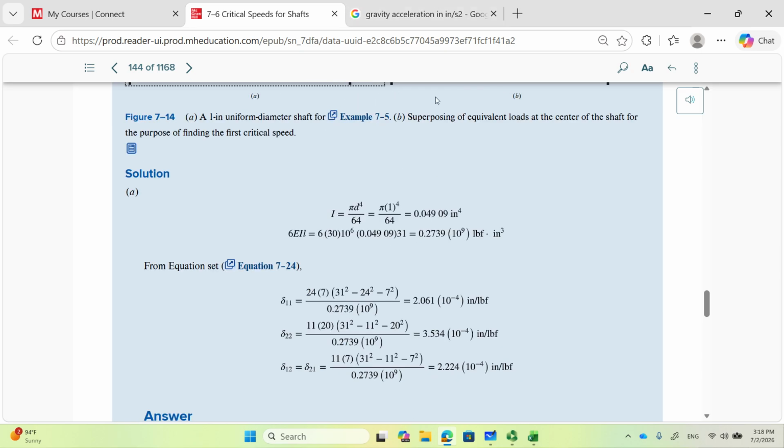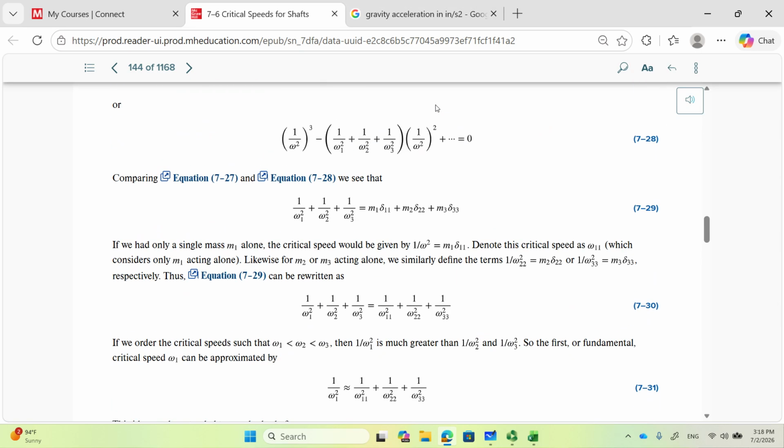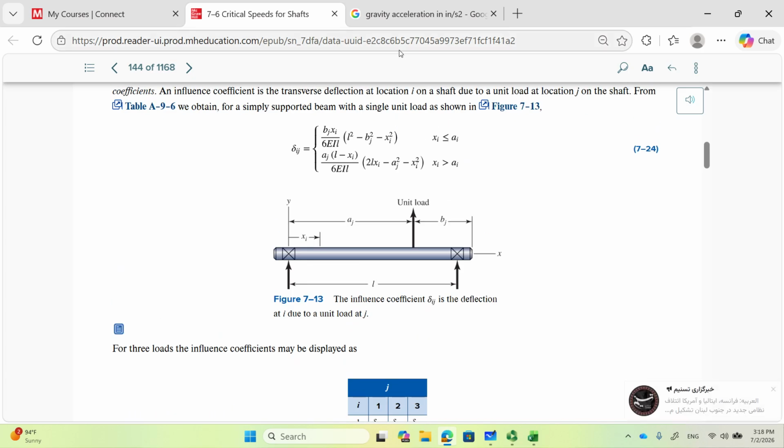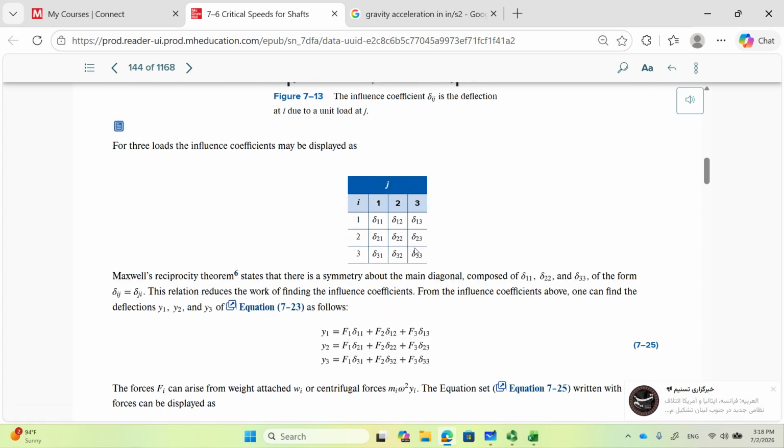It says, using influence coefficient, we have to form a table. If you have two forces, we have to form a table of influence coefficients.